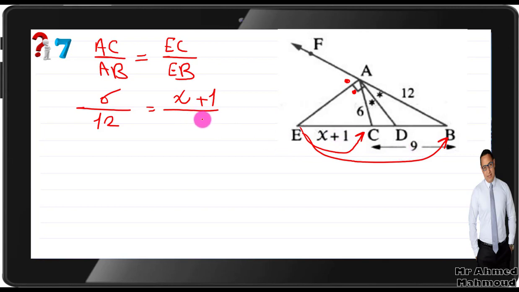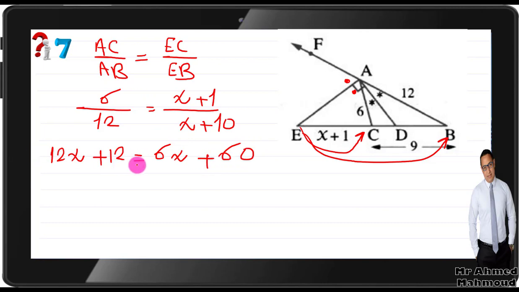X plus 1 plus 9 equals X plus 10. Making a cross multiplication, 12 times X equals 12X, 12 times 1 equals positive 12, equals 6 times X, 6X, plus 6 times 10 equals 60.